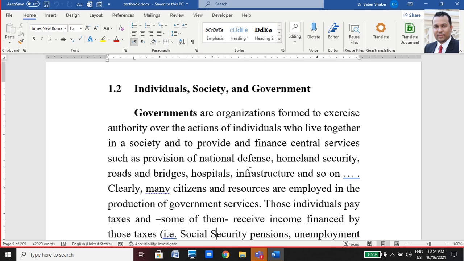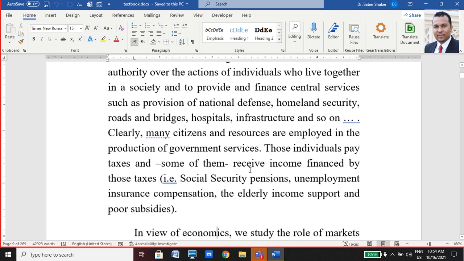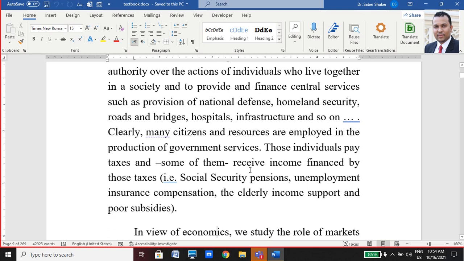But in this case, we talk about a very important point: to provide any public goods or services, you need to finance through taxes. So tax is the key source to finance the government goods and services.